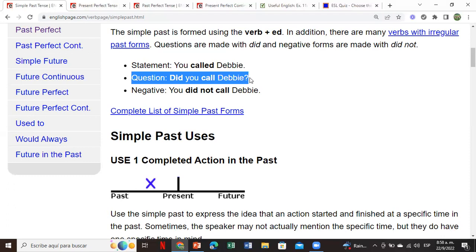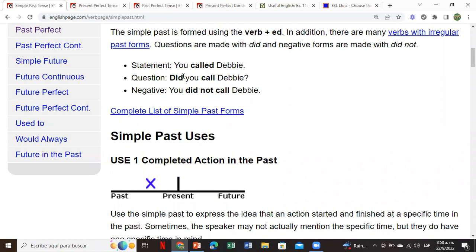In a question, when we want to ask a question in past, we must use the auxiliary did. And what happened with the second verb? This is the auxiliary, and this is the base verb. As you know, it is not necessary to use the past form of the verb in simple past because I have the auxiliary in past.